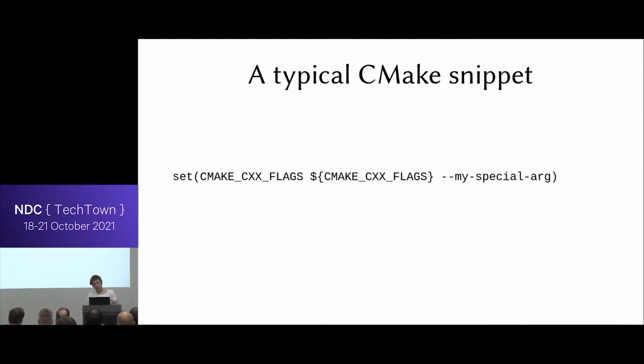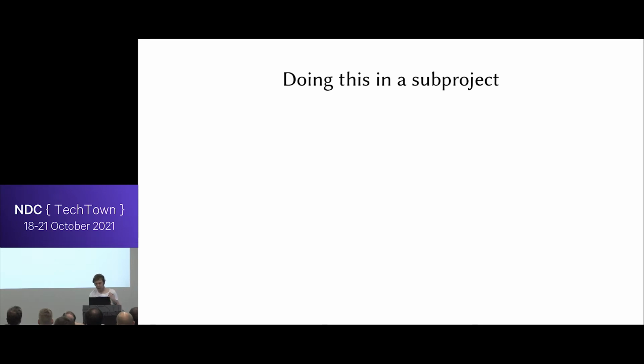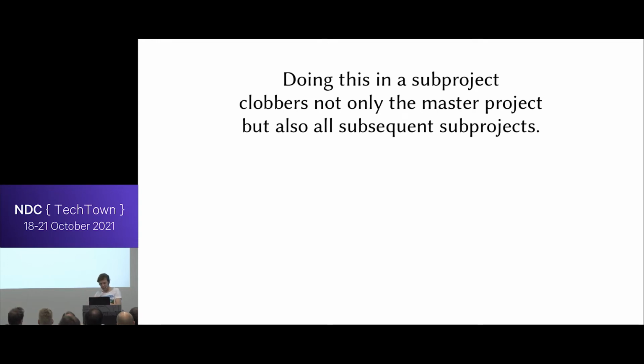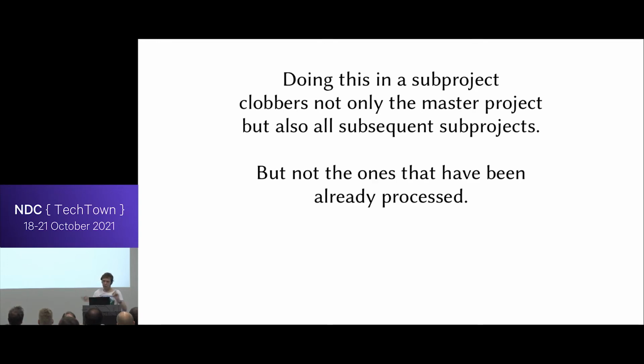Okay, looking further, here's a typical CMake snippet where you have your CMake CXX args and you want to add a flag to that. And again, this works. But if you do this in a subproject, then you clobber the option settings in the master project, and in subsequent subprojects that go from there, but not the ones that were already processed.